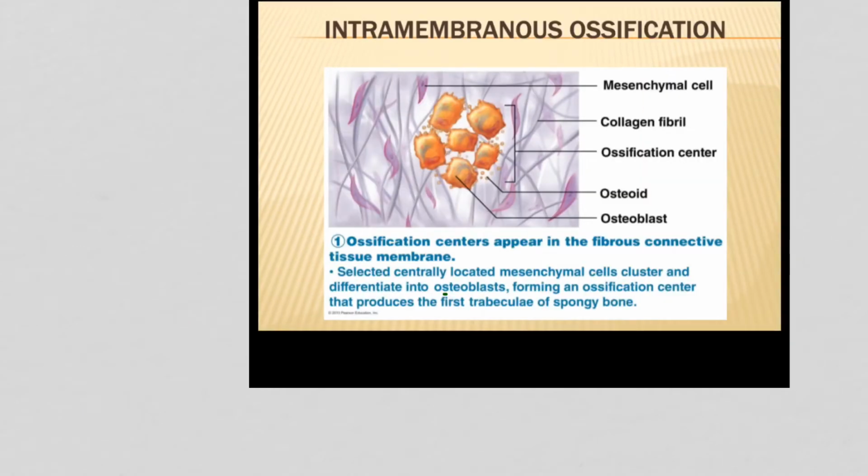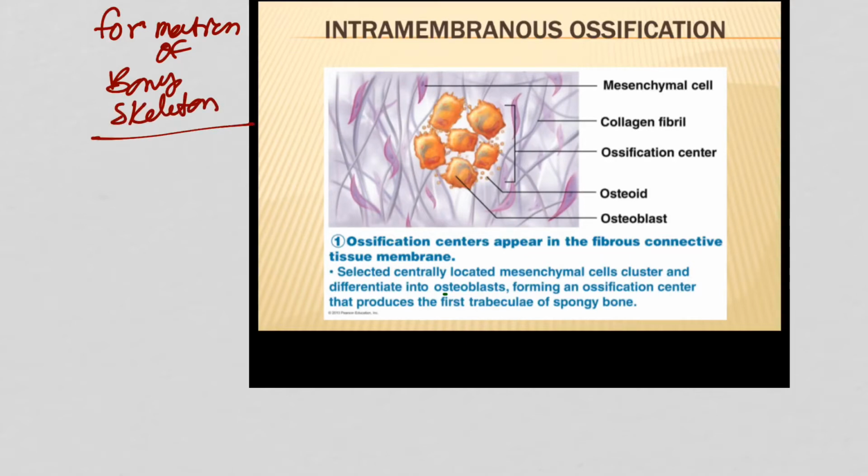So we're going to talk about the formation of the bony skeleton. The formation of the bony skeleton begins around 8 weeks in utero. And basically, before the skeleton is made up of bone, it's made up of two structures.